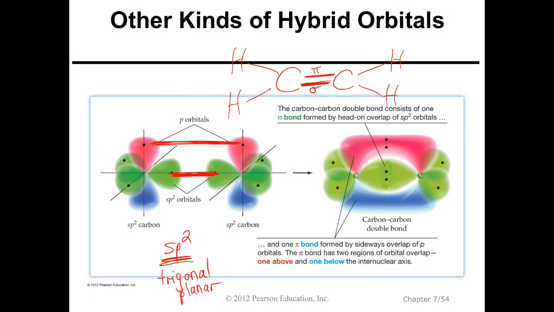You end up with a pi orbital, which is sideways overlap of a p, and you have electron density above and below the bond axis. In this case the pi orbital adds more electrons between the 2 carbons, so this double bond is stronger than a single bond would be.